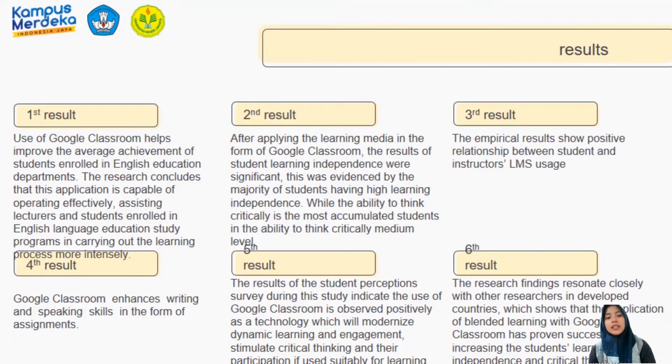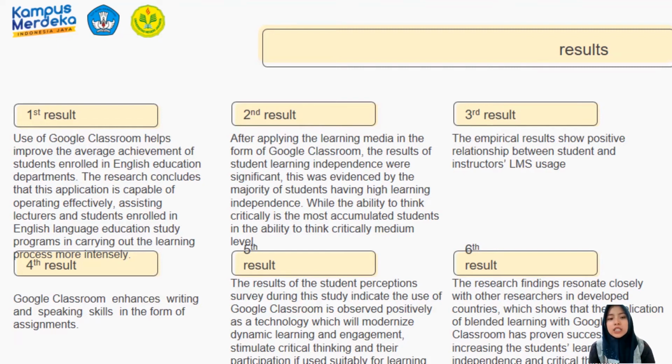And then the second, after applying the learning media in the form of Google Classroom, the results for students' learning independence were significant. This was evidenced by the majority of students having high learning independence, while the ability to think critically was the most accumulated at medium level.